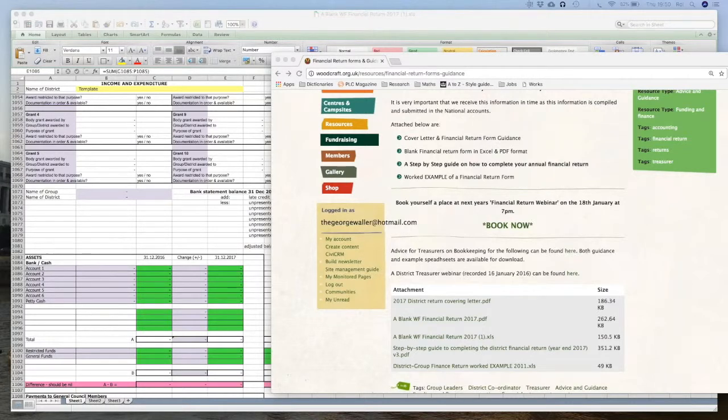Each year our auditors select a section of the districts to ask for further information on. So they might want to see grant applications, grant award letters, and they might want to look at your accounting records. And if they're in a spreadsheet, that's much easier, of course, because they can just be sent to them that way.